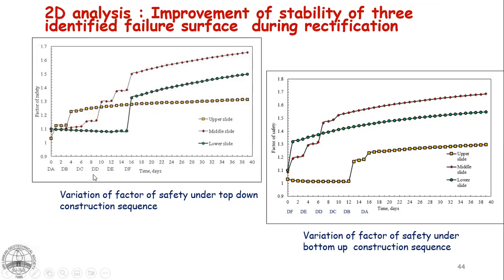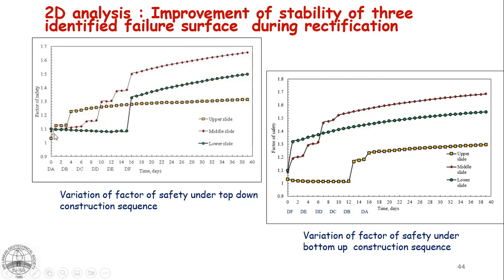So these are the results for the top-down installation. If you remember, we had 3 different slides: upper one, lower one, and the middle one. With the top-down installation, only drains A, B, and C were installed at this particular date. So the factor of safety of the upper failure surface, the upper slide, improved rapidly and then came to this value.